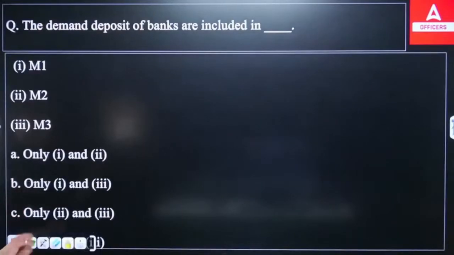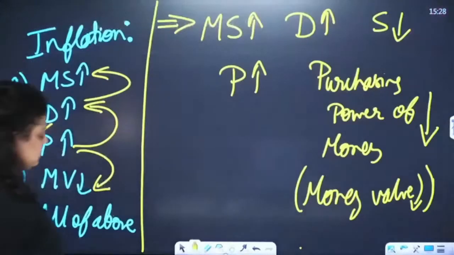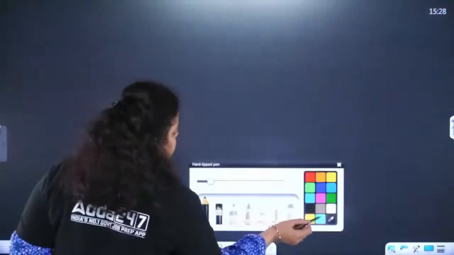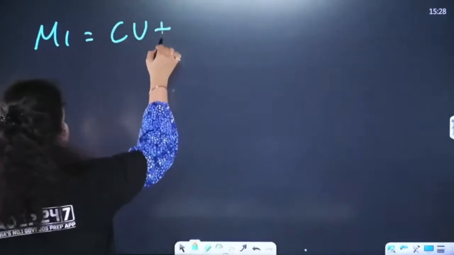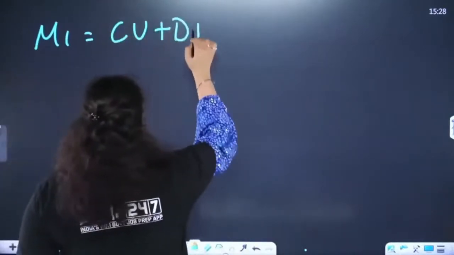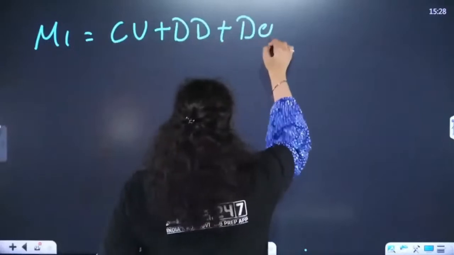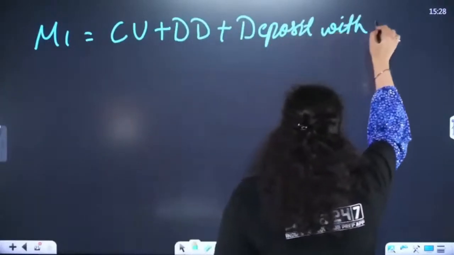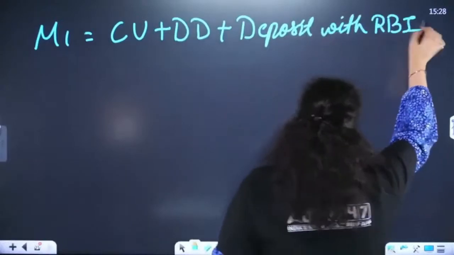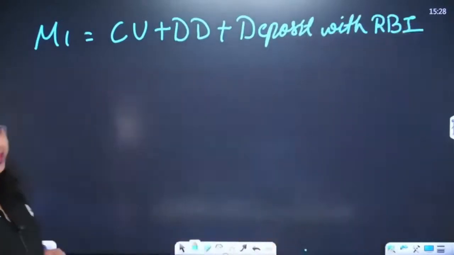To answer such a question, you should know what M1, M2 and M3 are. So let's understand this. M1 is equal to currency unit plus demand deposit plus deposit with RBI. This is what your M1 is.